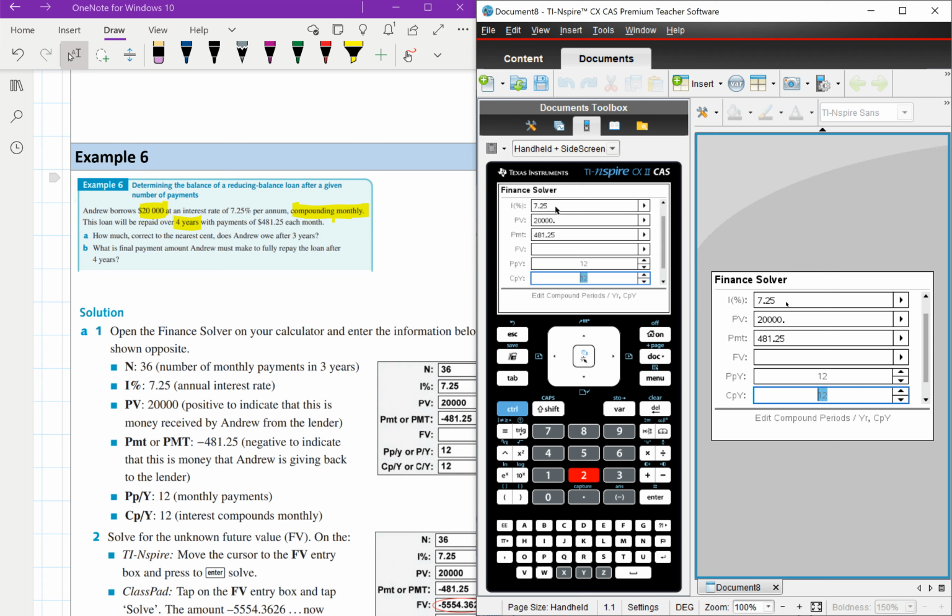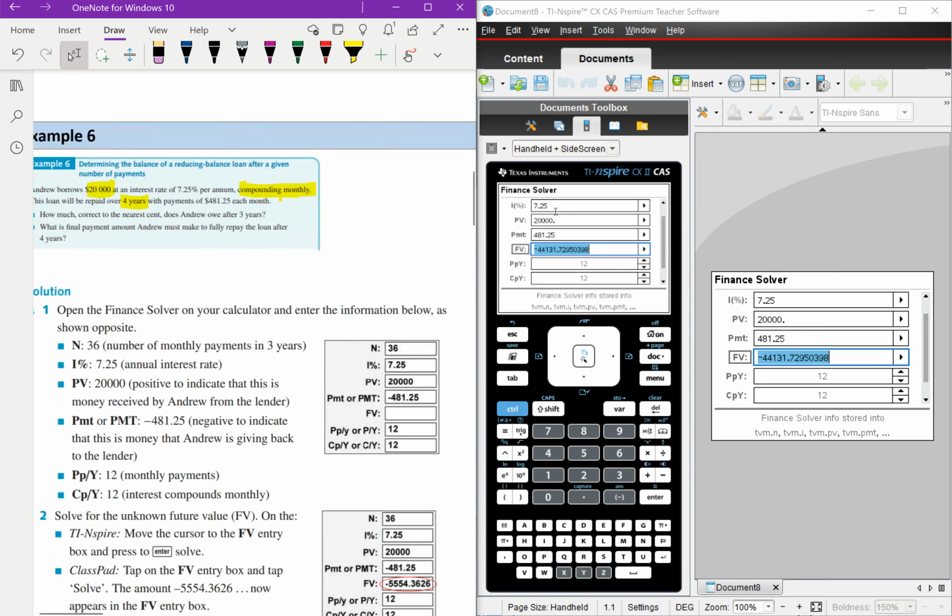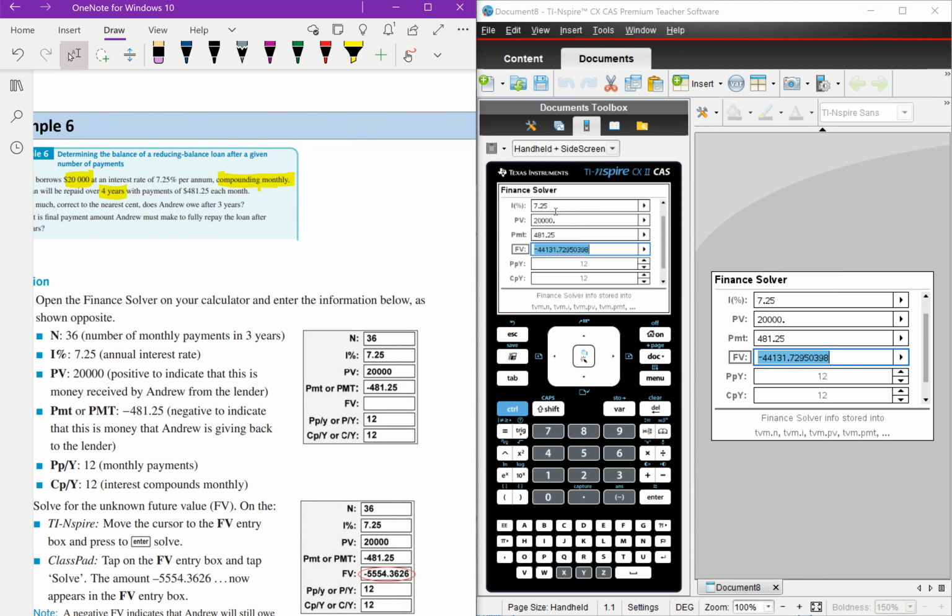So now what are you looking for? You're looking for the future value. How much would it be after 3 years? If I press enter in FV, it calculates it for me. In my case, I must have typed something wrong here. Sorry. Has anyone seen my error there? What am I missing?